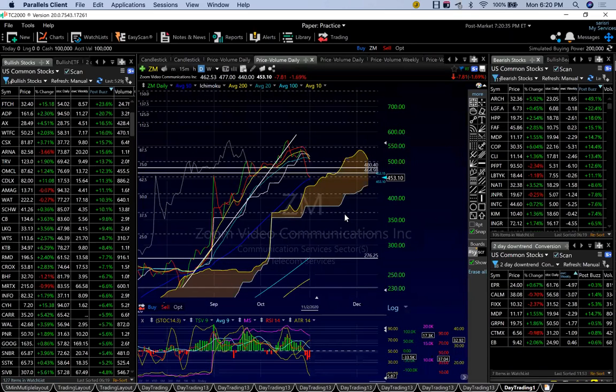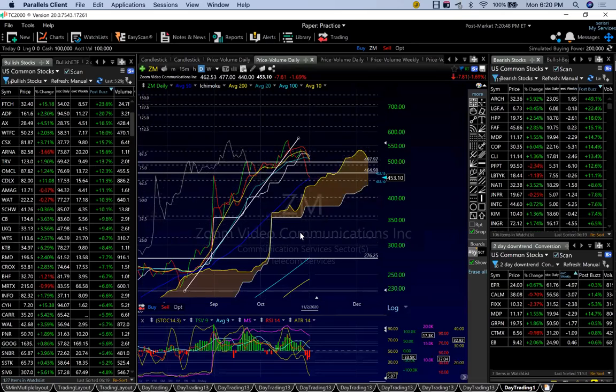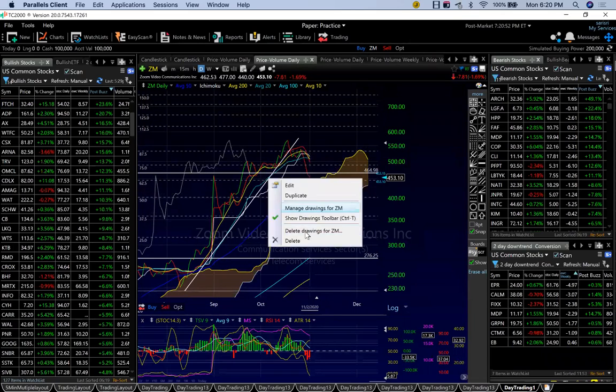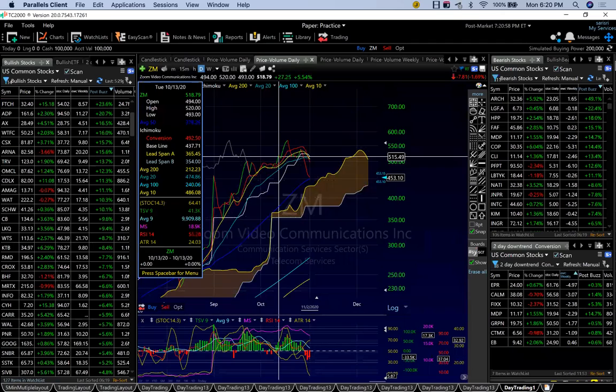So Zoom is in a very unique position actually. If you look, it had a flat line here, then it had a flat line. One second, let me remove all these things for you guys, so let's do all of them at one time. Okay, so this is one thing that is going up.